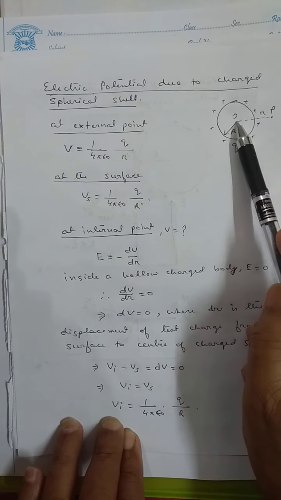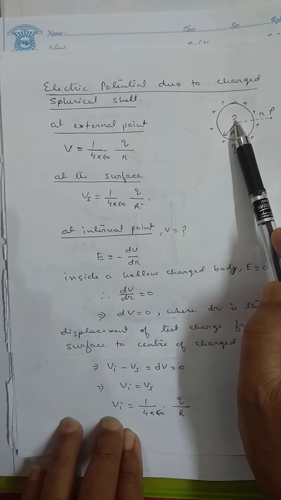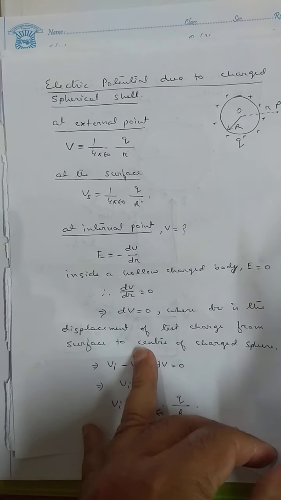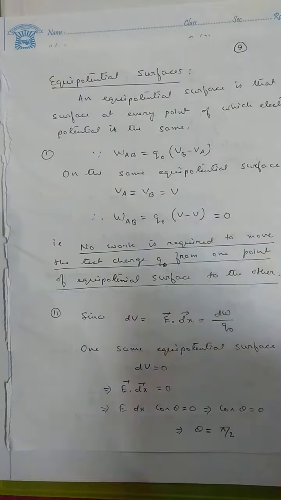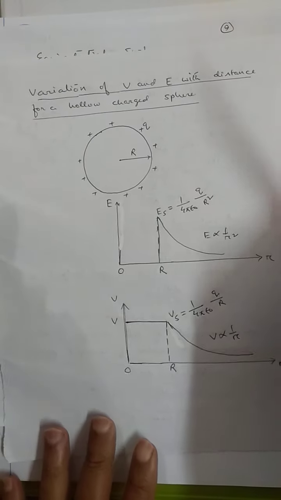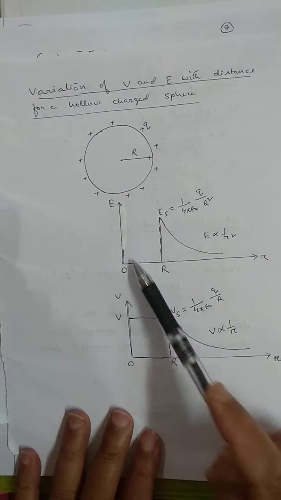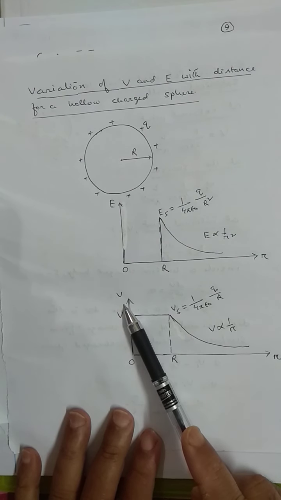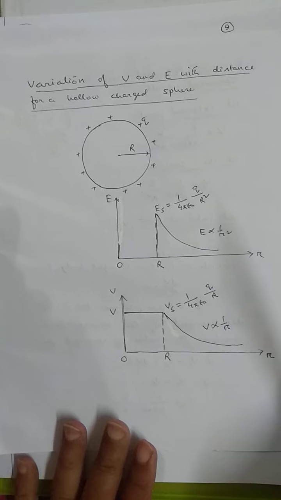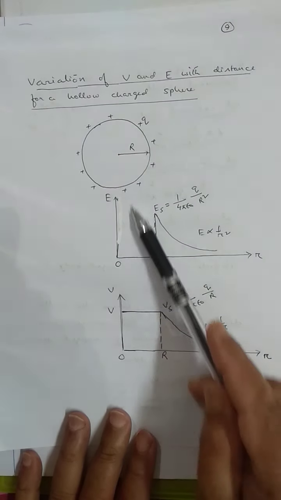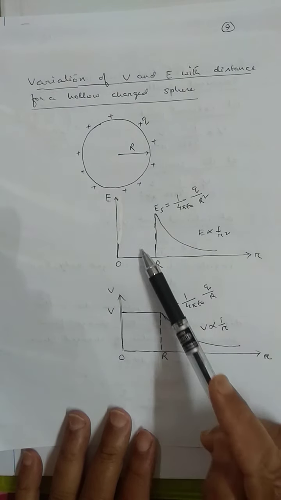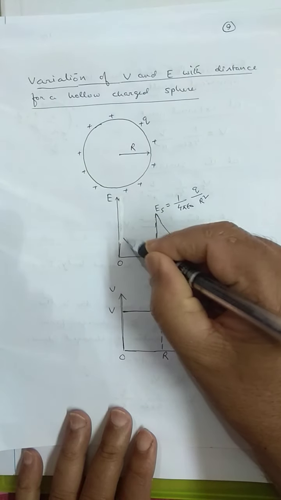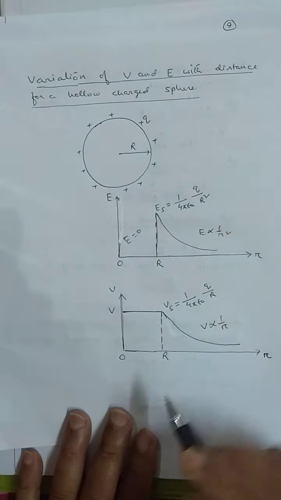But inside the hollow charged body, the electric field intensity is 0. Okay? So if we graphically express the variation of electric field intensity with distance and electrostatic potential with distance for a hollow charged spherical body, the variation will be like this. This is the variation of intensity. Inside the charged body there is no electric field.